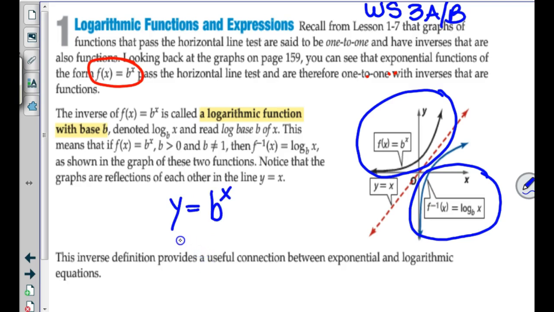If you rewrite that as a log sentence, first of all, let's switch the x and the y to find the inverse. Then does anybody remember how you rewrite that as a log sentence? It's log b of x equals y. All right, so they are undoing each other.